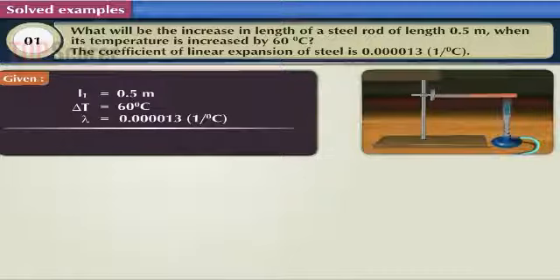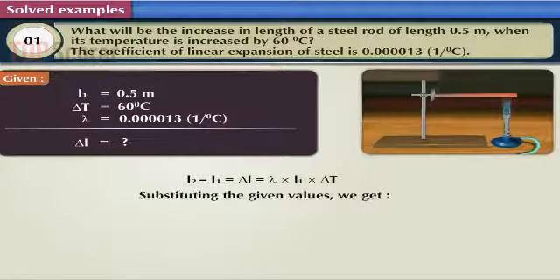We need to find out change in length, which is nothing but L2 minus L1, that is delta L. We know that L2 minus L1 is equal to delta L, which is equal to lambda into L1 into delta T. Substituting the given values, we get delta L is equal to 0.000013 into 0.5 into 60.